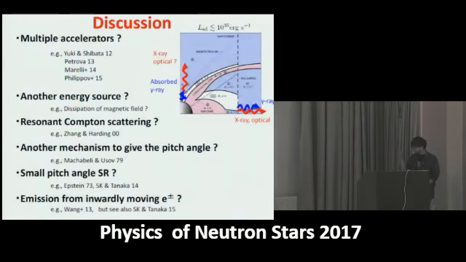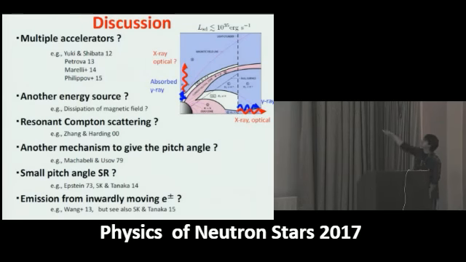For the low flux ratio of gamma-ray pulsars with low spin-down luminosity, we discussed some possibilities to solve the model discrepancy. One possibility is the multiple accelerator model.